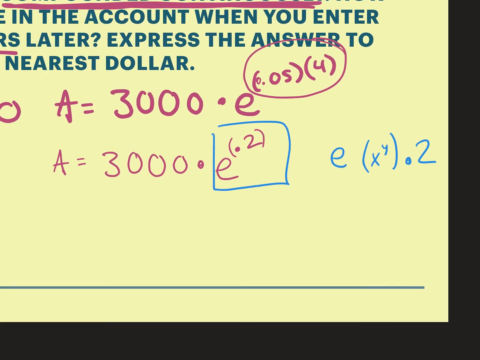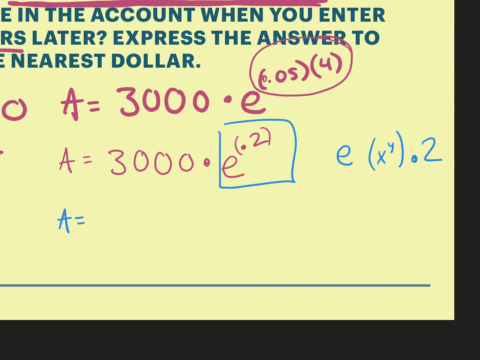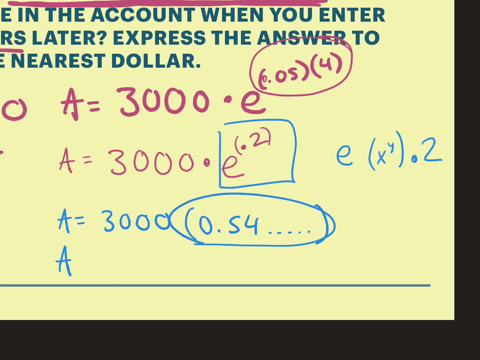What do we get? 1.22 and more numbers. Keep it in your calculator so we get the most exact answer. What do we need to do next? Multiply it by 3,000. So keep whatever you got here, all that in your calculator, and multiply it by 3,000.